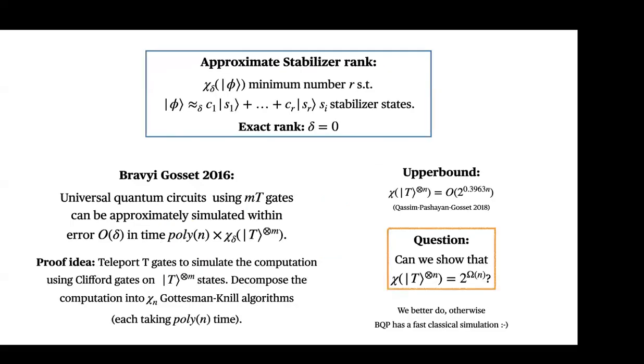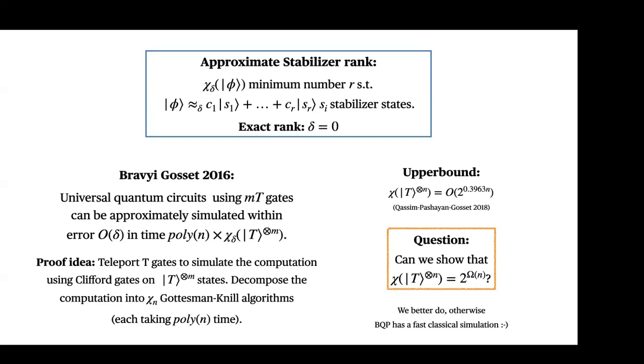The stabilizer rank of a quantum state is the minimum number of stabilizer states that I can take a linear combination of to approximate that quantum state. An exact rank is when delta is equal to 0. Of course, exact rank is a stronger definition, but approximate rank is a more useful definition.